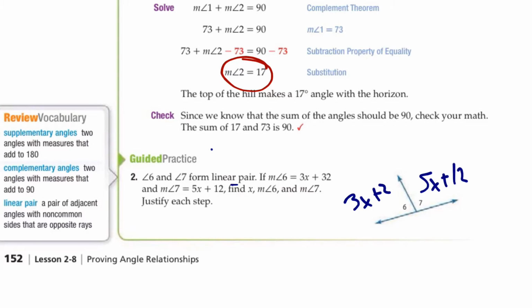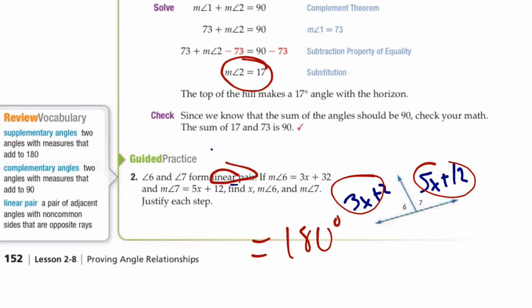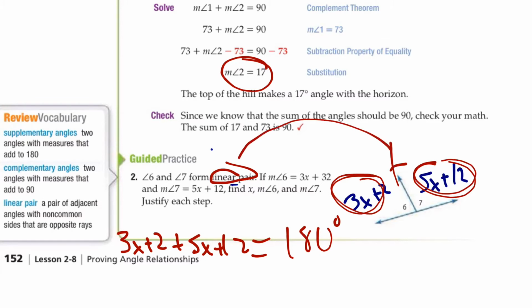Alright. Now remember, these two together equal what? 180 degrees. How do I know that? Because it says that they form a linear pair. So I'm going to put 3x plus 2 plus 5x plus 12 has to equal what? 180. This angle plus this angle equals linear pair, which equals 180.